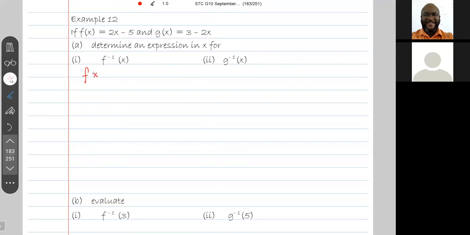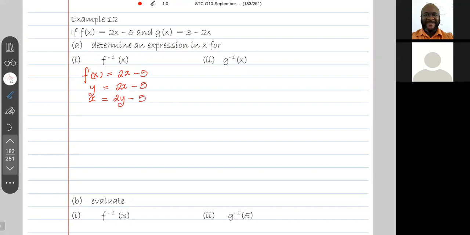We're going to find the inverse of the f function. So 2x minus 5. Step 1, take out f of x and say y is equal to 2x minus 5. Step 2, interchange x and y. So wherever I see y, I'm going to put x. And wherever I see x, I'm going to put y.